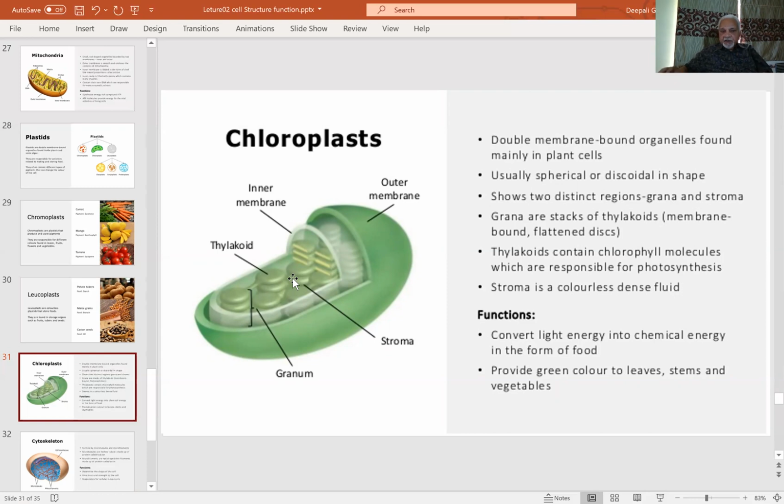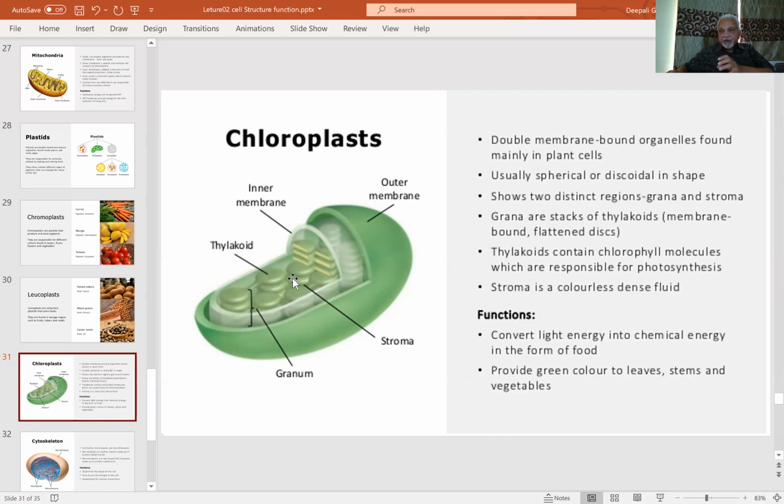And in addition, let me tell you, both mitochondria and chloroplasts have their own genome, that is the chloroplast genome and the mitochondrial genome. But then both these genomes are not exclusive.